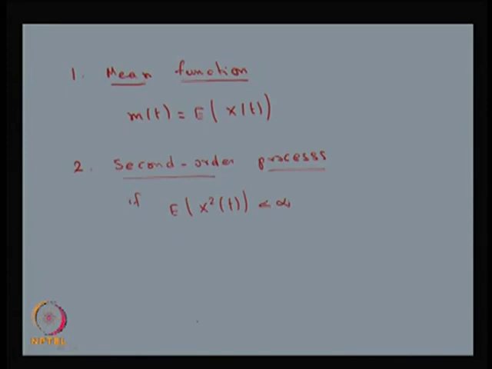If random variables have finite second order moments, then the corresponding stochastic process is called a second order stochastic process. That means there is a possibility the stochastic process may not satisfy this; the second order moment may be infinite or it may not exist.